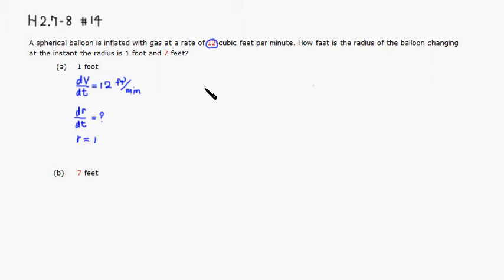The volume of the sphere is V equals 4/3 pi r cubed. By taking the derivative with respect to t, we get dV over dt equals 4/3 pi, just a constant multiple.